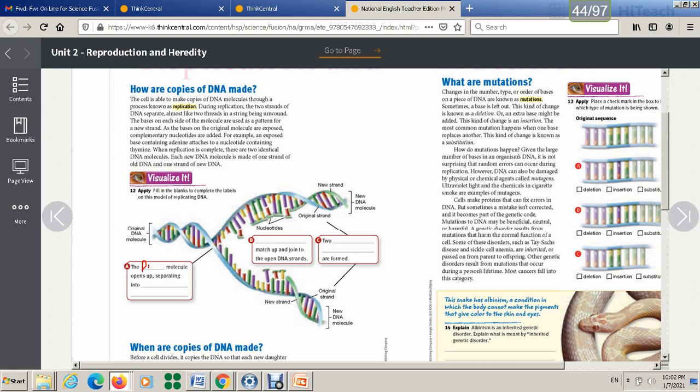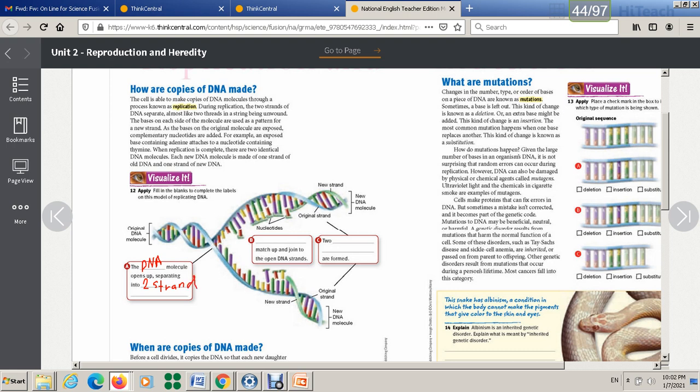The double strand should be open, separating into 2 strands. This is the first step to make the replication, okay?